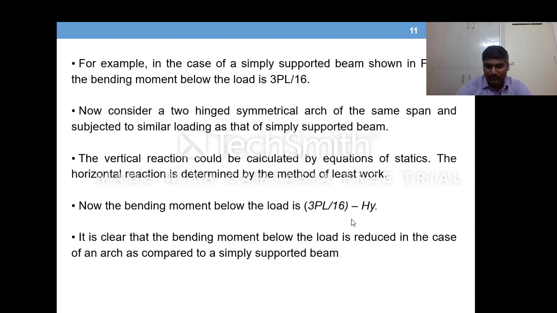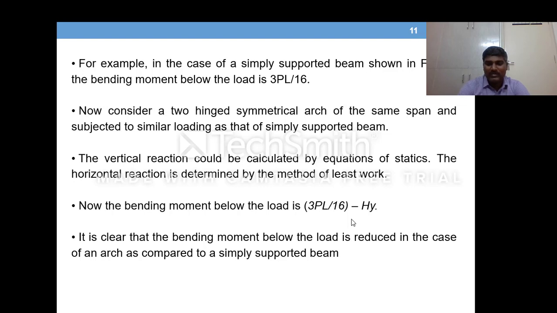Which means the bending moment below the load is 3PL by 16 minus H into y. So the arch option is reducing the bending moment, which is actually 3PL by 16 in the beam.